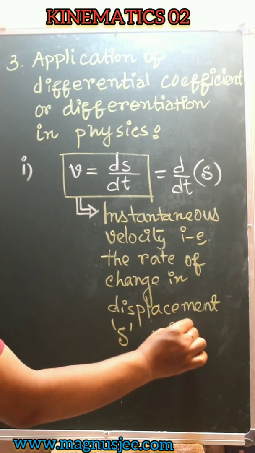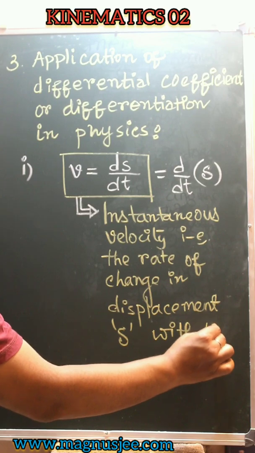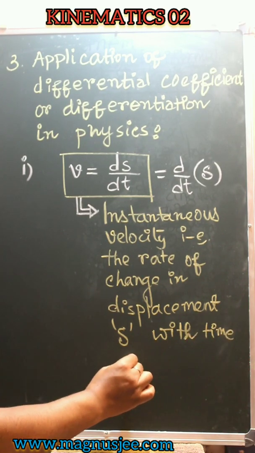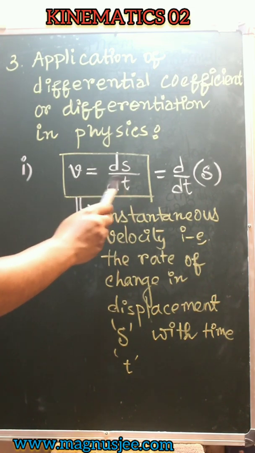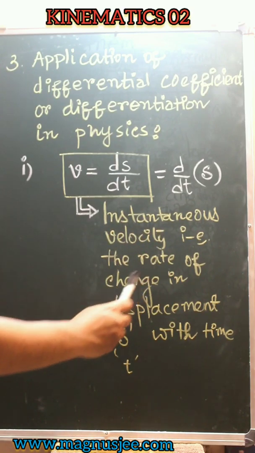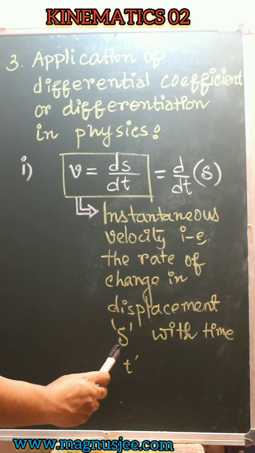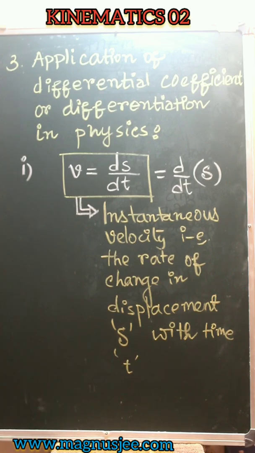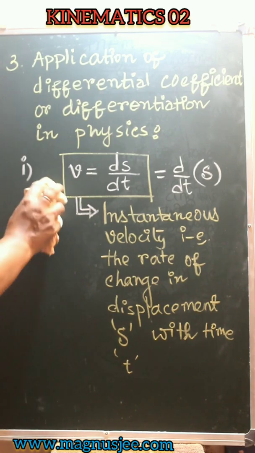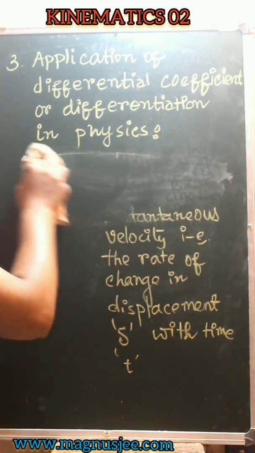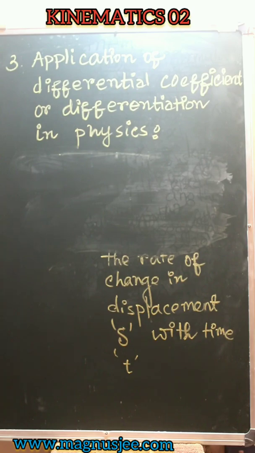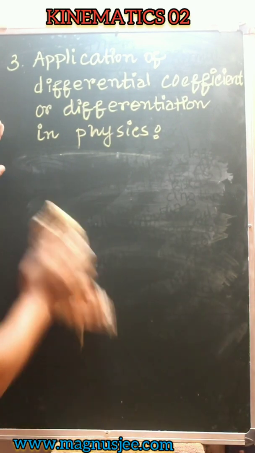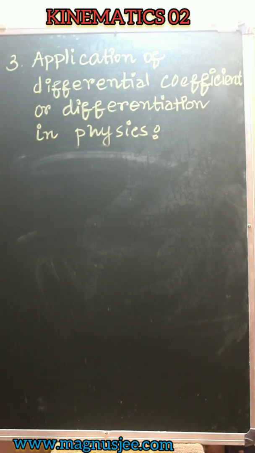Instantaneous velocity is the rate of change in displacement with time t. ds by dt, that is change in displacement by change in time, is the instantaneous velocity. This is the first application of the differential coefficient in physics. That means from displacement we can find the instantaneous velocity. If we differentiate displacement over time, then we get instantaneous velocity v.